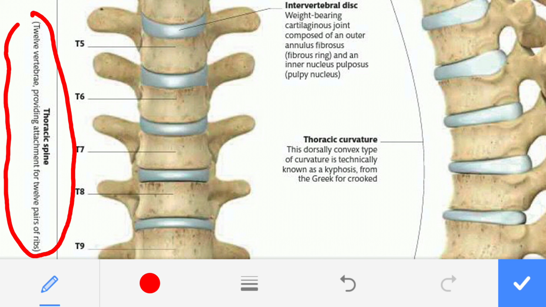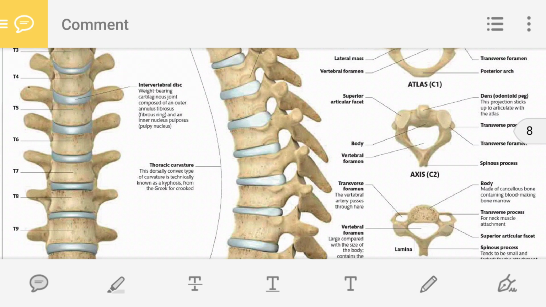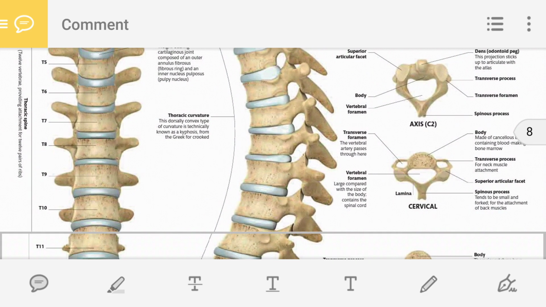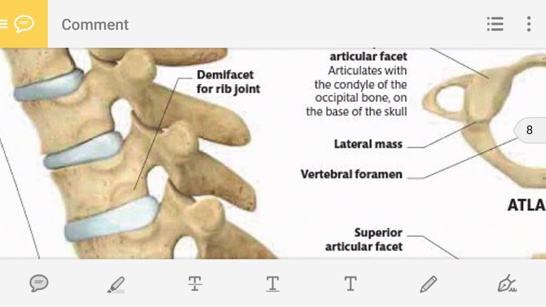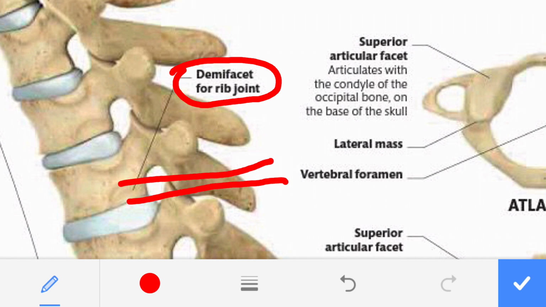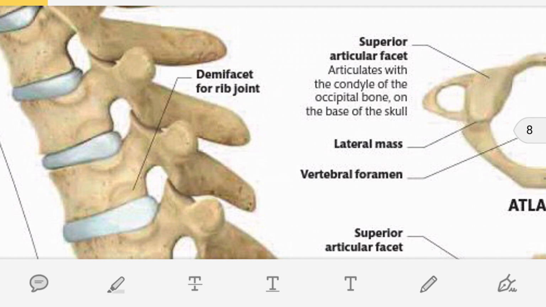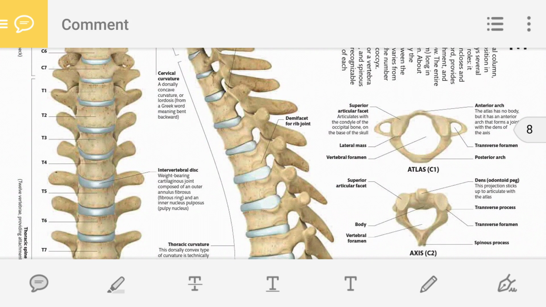Now I will show you how they are providing the attachment for the ribs, so you will get the idea. Can you see this? Here it is written demifacet for the rib joint. So now you can understand the rib joints over here. The ribs are joining over here, that's why it is known as the demifacet for the rib joint, the place where the rib comes and joins with the vertebral column.